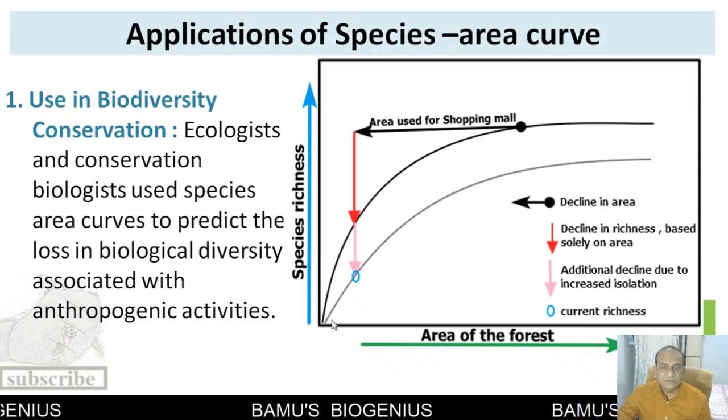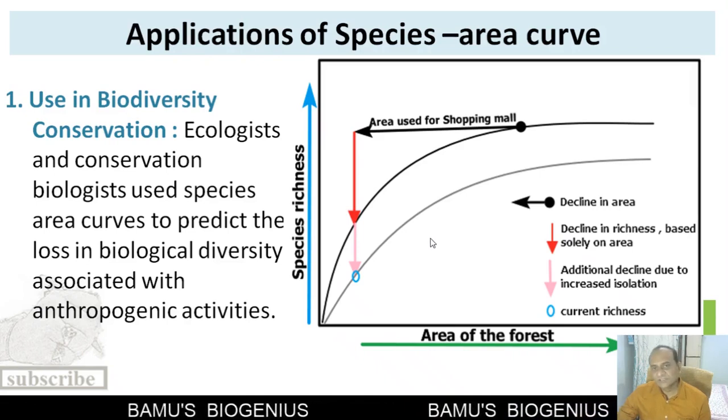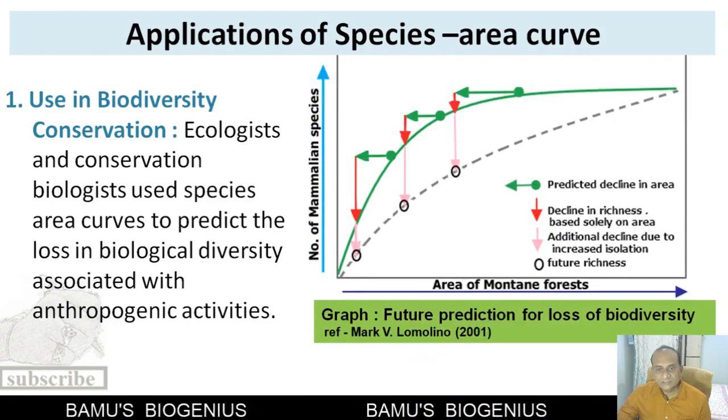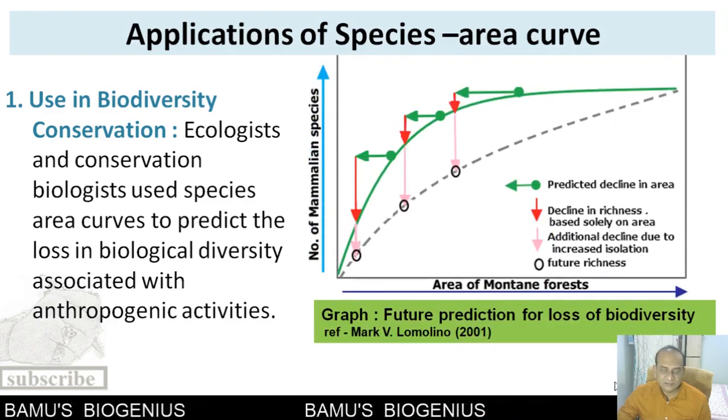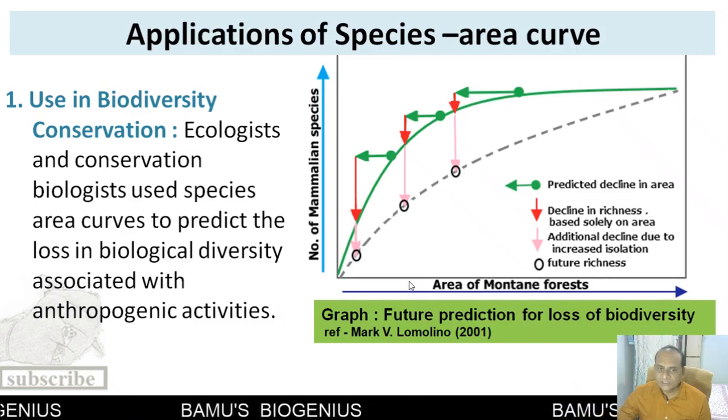That means this is how we can predict, or estimate, the future loss of biodiversity in a given area. There is another example where people use this species area curve for determining the future loss of biodiversity due to anthropogenic activities.